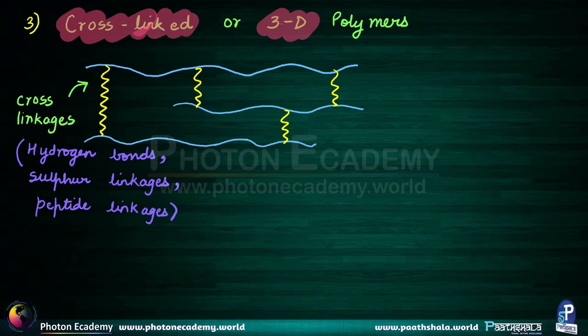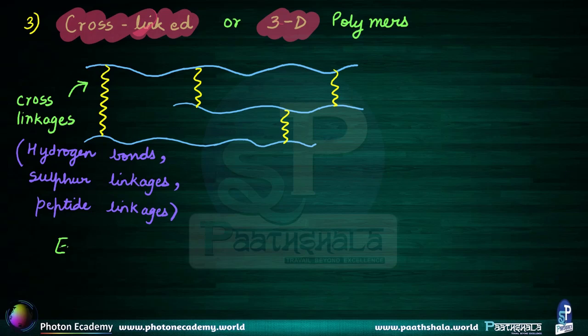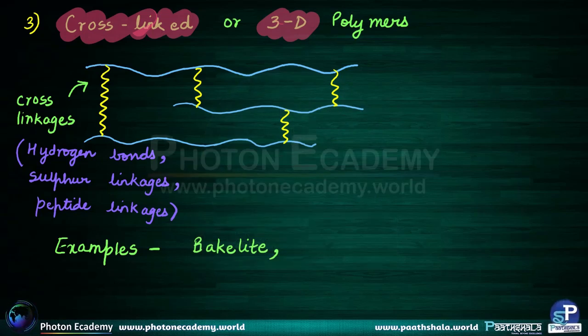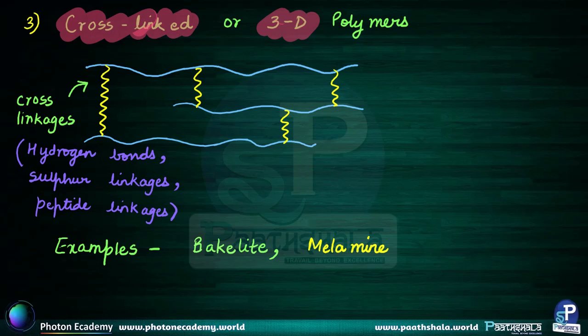Examples of this category: bakelite, which we'll be discussing in the further course, and melamine. Crockery is made up of melamine, as you all know. They have cross linkages between them and therefore are known as 3D polymers. This whole network looks like a 3D network, and that is why it is called 3D polymers.